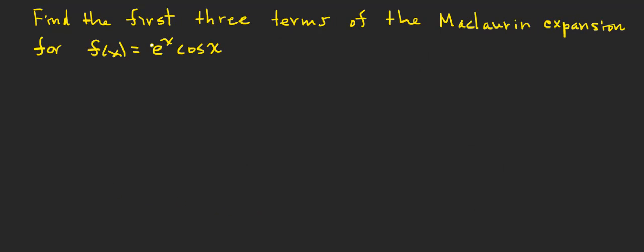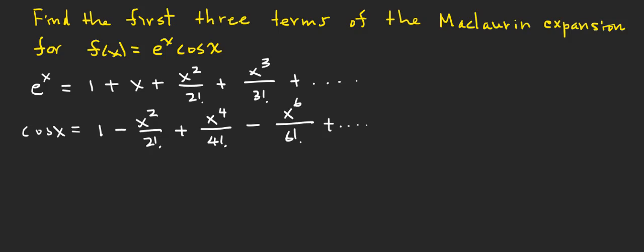Now they want us to find the first 3 terms of the Maclaurin expansion for f of x equals e to the x times cosine x. So in order to multiply e to the x and cosine x, you need to first realize that e to the x is 1 plus x plus x squared over 2 factorial and so forth.